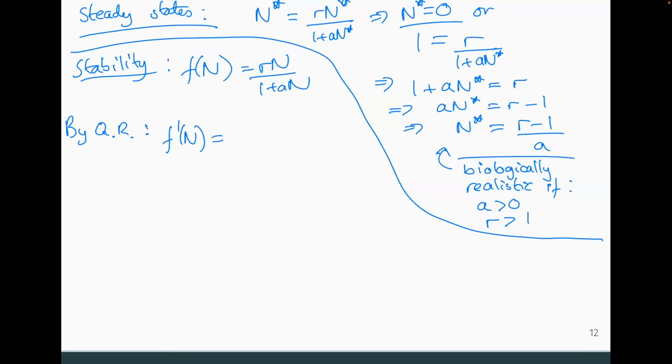So we take our derivative of the thing on the top. We have r times 1 plus an, minus what we have on the top, rn, times the derivative of what we have on the bottom. The derivative of that with respect to n is just going to be a. And then we divide by our denominator squared.